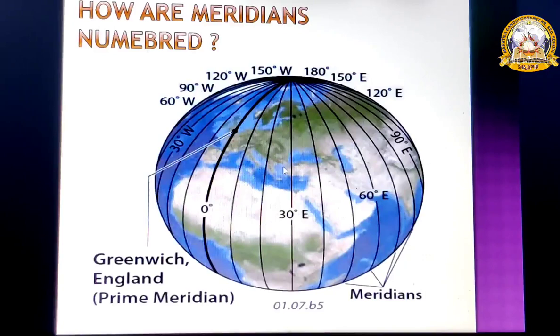So there are 180 degree meridians toward the east and 180 degree meridians toward the west. In total, there are 360 meridians.